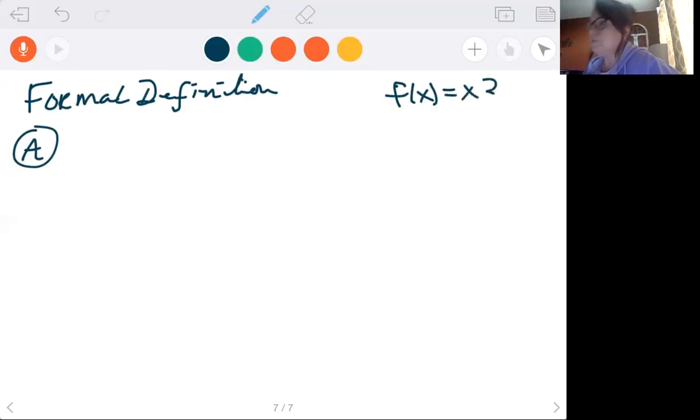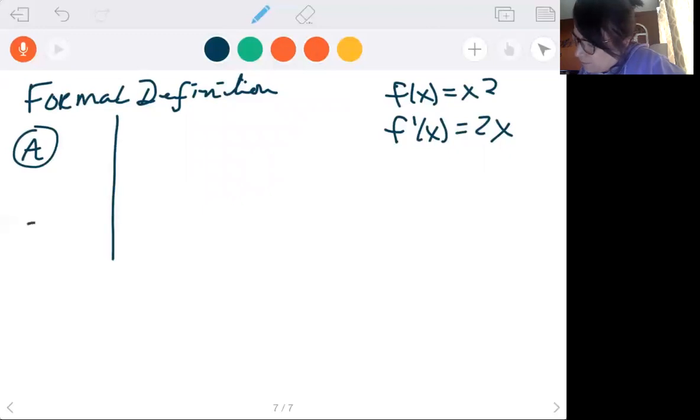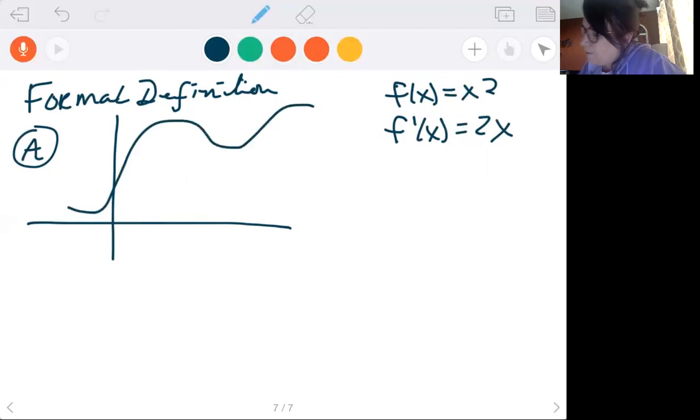But where does the power rule come from? Why does it work? It's not magic. All right. So this is what I mean for the first one. We're not doing f prime of 4. We're just getting a function for the derivative. So let's go back. Make ourselves a nice roly-poly function.